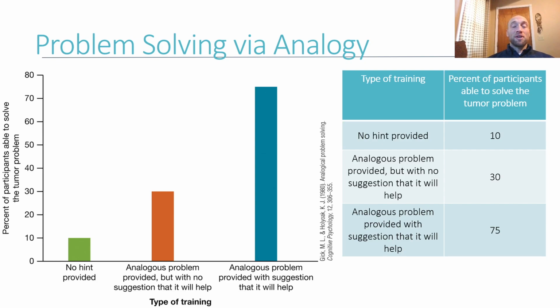So even just a little suggestion to use this as an analogy for solving the next problem can greatly benefit people. In terms of our problem solving, that suggests that we're really good at using past experience to base our current solutions on, even when it's completely unrelated or seemingly unrelated.